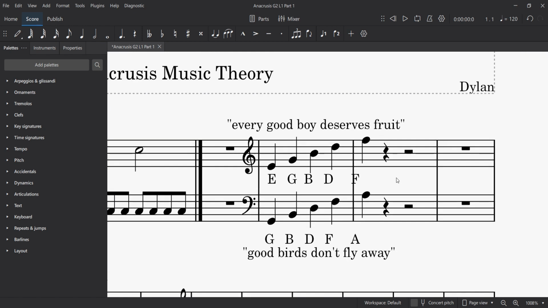Starting on the bottom line, each line going up is therefore E, G, B, D, and F. You will then be able to fill out the rest alphabetically, starting from middle C, which is one ledger line below the treble stave. Similarly, we can do this as well with the bass clef, with the acronym Good Birds Don't Fly Away, where again, starting on the bottom, we have G, B, D, F, and A.